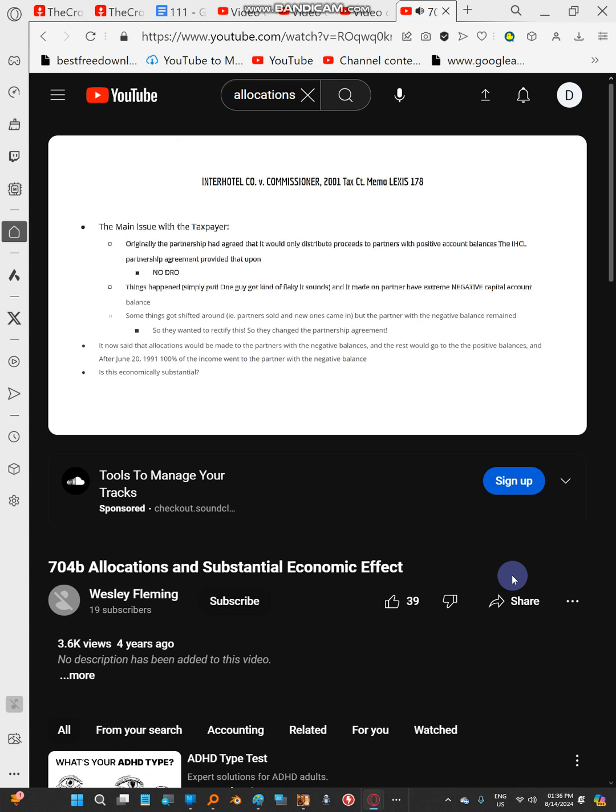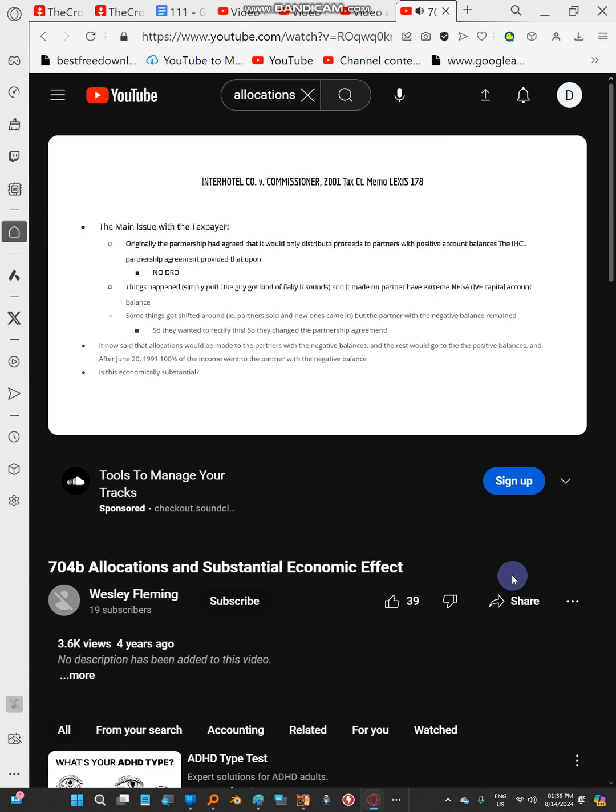So once all the changes started to slow down and there was a flat line in partners changing, they came back together and said, hey, it's not right that this one partner who has stayed through it all has a negative account balance. Let's change our partnership agreement to right this, because this is not okay that this guy has such a negative account balance and we're still in the positive.